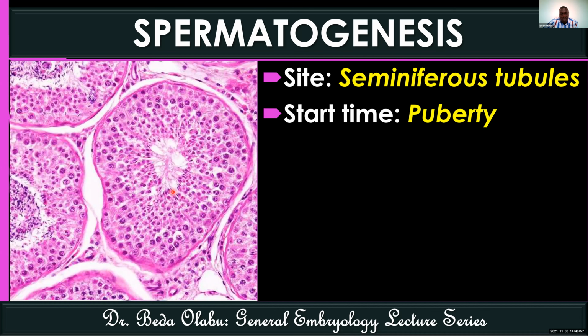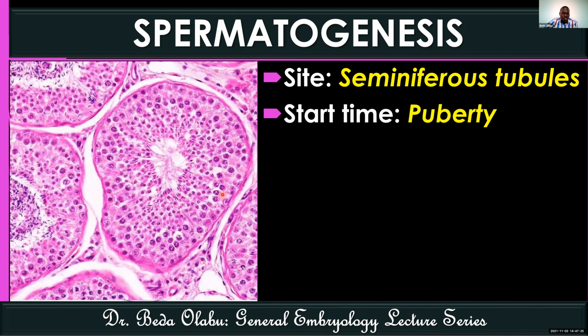The process of spermatogenesis begins at the age of puberty. So remember that, yes, the primordial germ cells migrated and invaded, they remain dormant until the age of puberty. That is when things can begin to happen. So from the age of puberty, what happens?